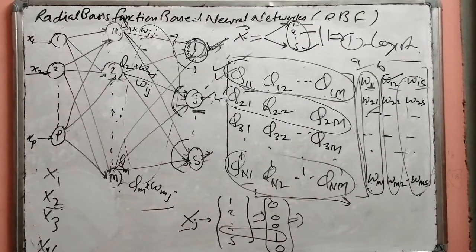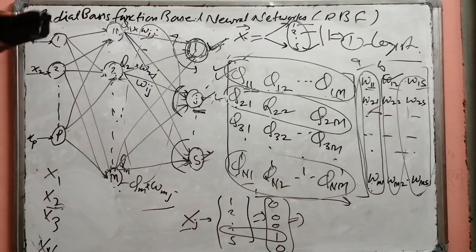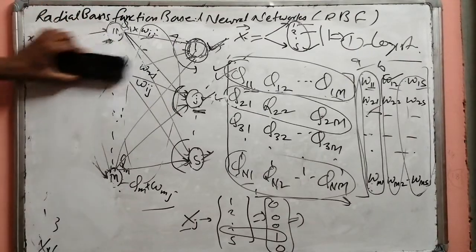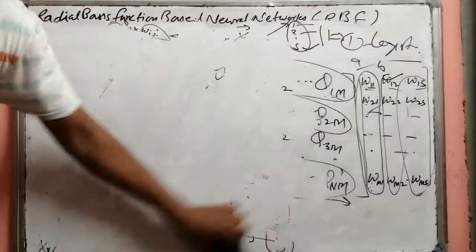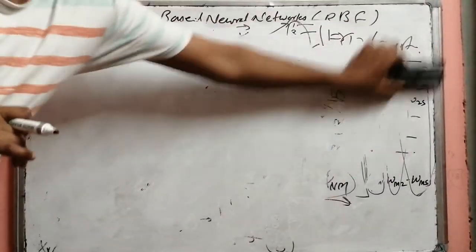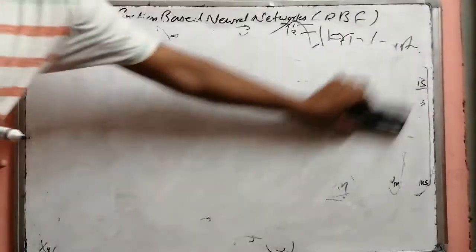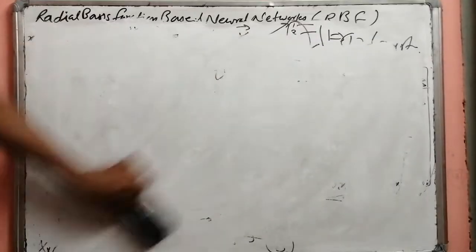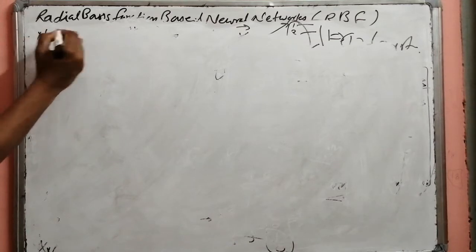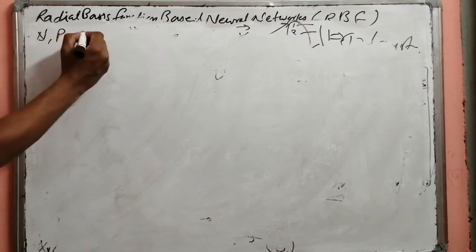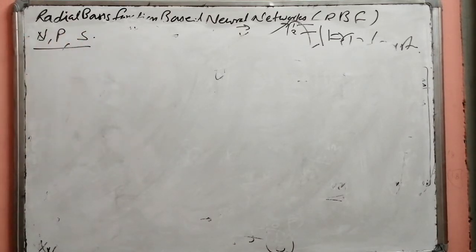Now let us try to redraw or recalculate these matrices in a better and clearer way. So there were n number of samples, each distributed over p number of features, and s number of classes were to be formed.